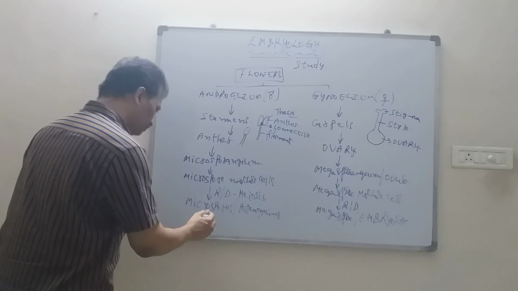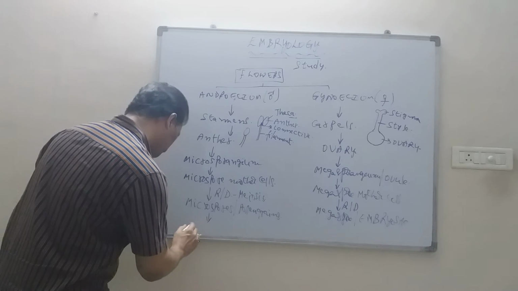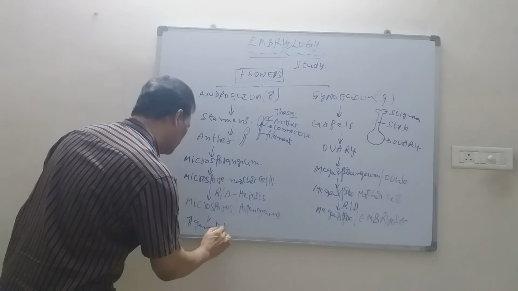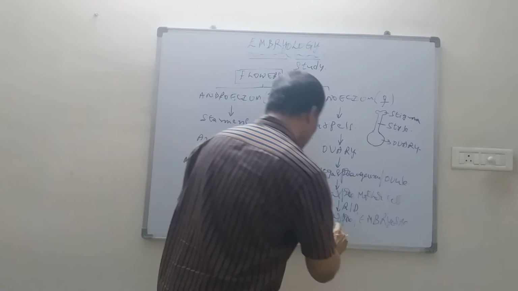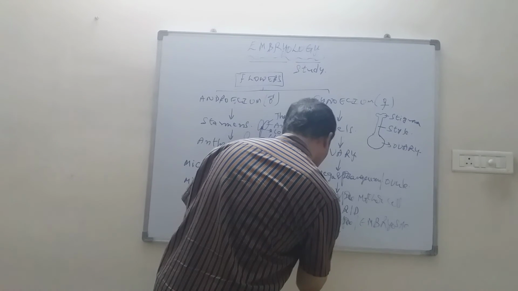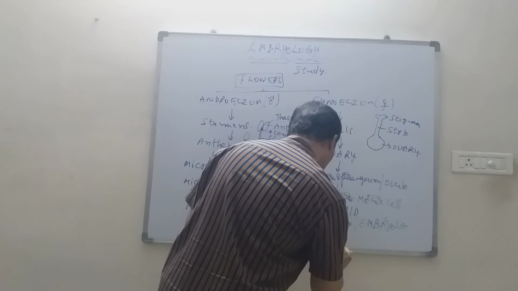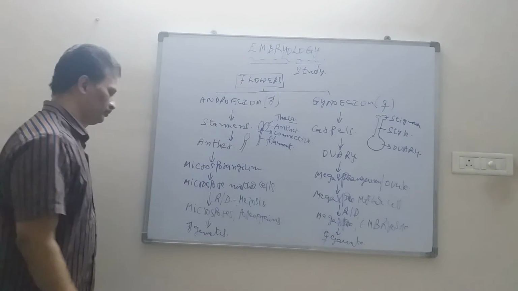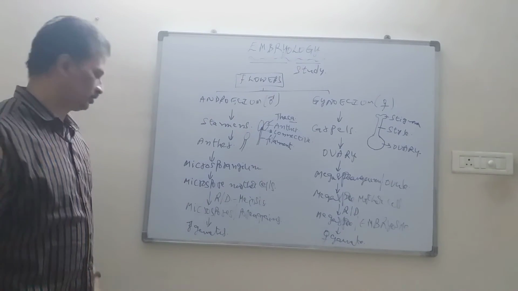Afterwards, these microspores produce the male gametes. In the same way, the megaspore produces the female gamete.